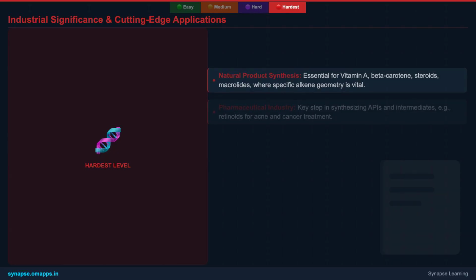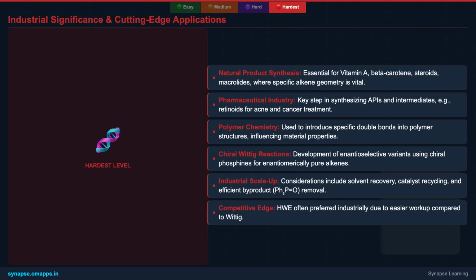The Wittig reaction's legacy extends far beyond academic labs, profoundly impacting industrial and pharmaceutical synthesis. It's indispensable in crafting complex natural products like vitamin A and beta-carotene, where precise alkene geometry dictates biological activity. In the pharmaceutical industry, it's a key step in synthesizing various active pharmaceutical ingredients, such as retinoids used in dermatology and oncology.